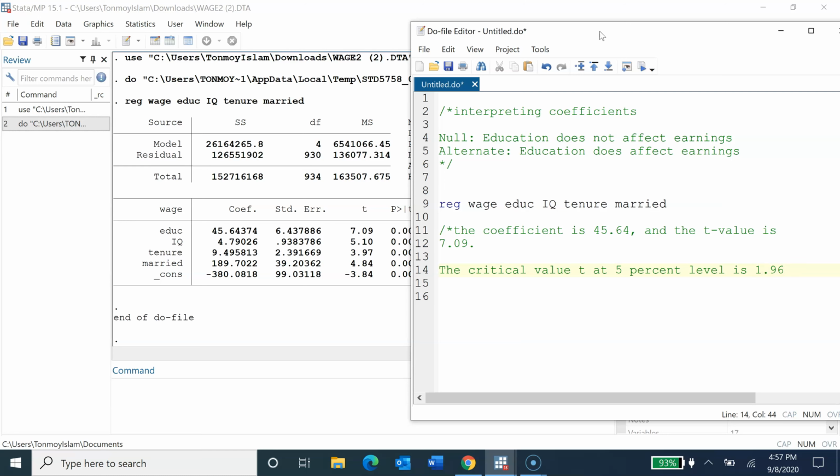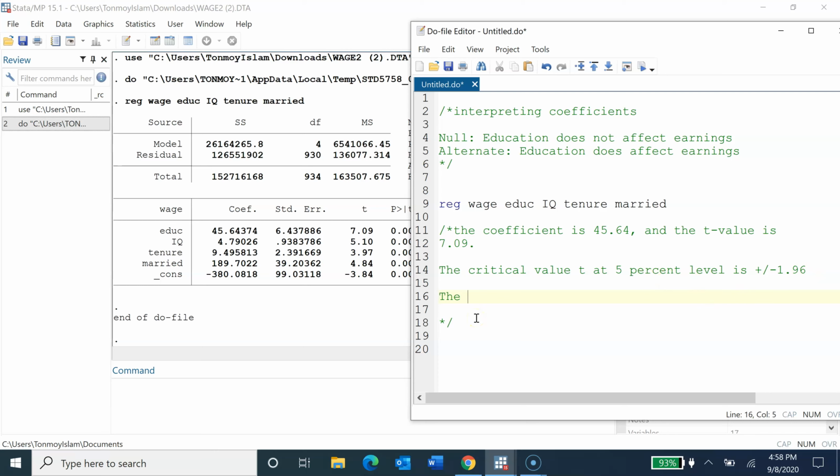So if our t-value is within that range, so it's between 1.96 and negative 1.96, then we say that the variable does not have an effect on wage. But if it's greater than the absolute value of 1.96, then we say that the variable has an effect on wages. So here we are comparing this 7.09, the t-value that we found, with the critical value of 1.96.